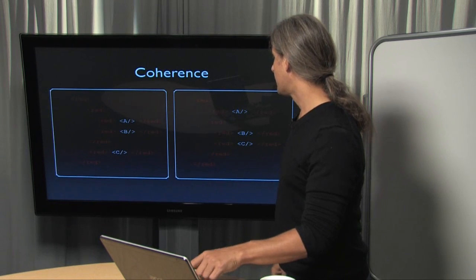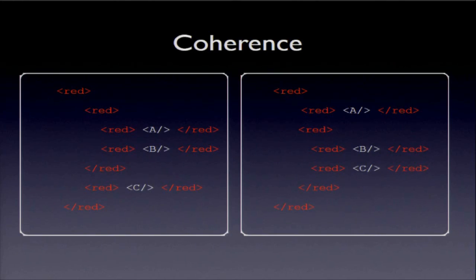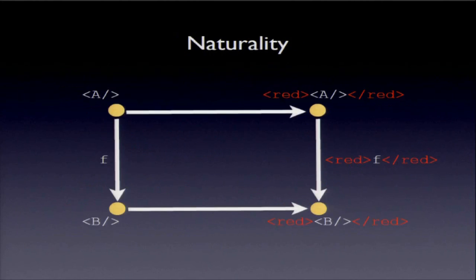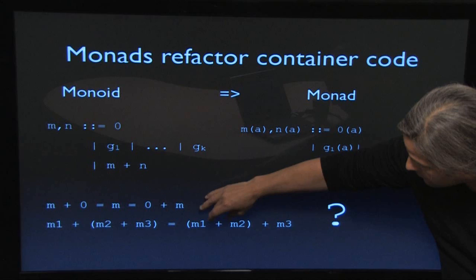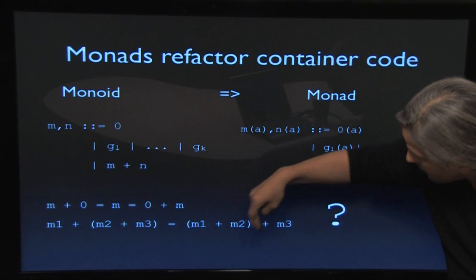Okay? Now coherence has to do with the interaction between wrap and roll. The way to think about this is that it's just an instance of our associativity equation. Let's remind ourselves so we keep a simple pattern in our heads. So here's associativity. All it says is if you do the plus first between these two and then between the result of that and that one, it's the same as if you do the plus first between these two and then between the result of that one and that one.